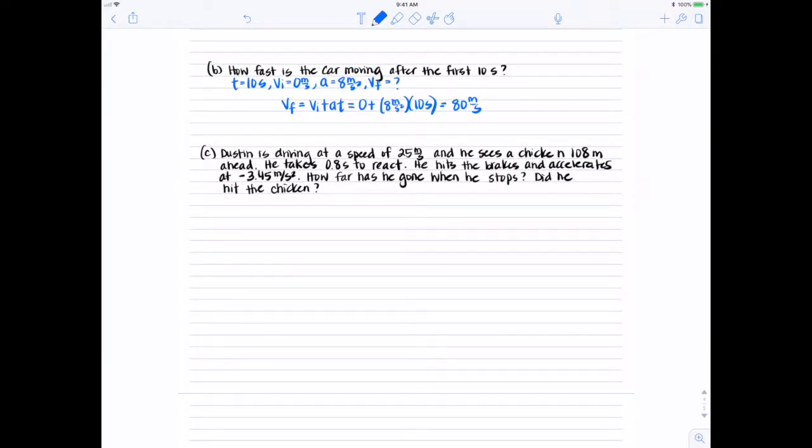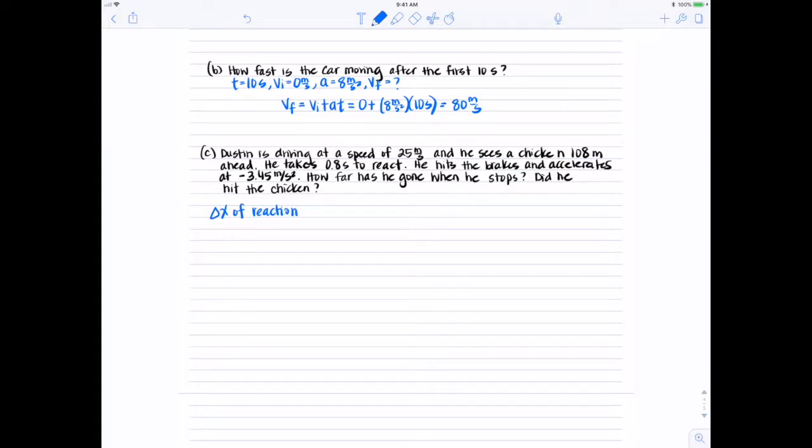And everyone's favorite question, the chicken spotted ahead down the road. So Dustin's driving at a speed of 25 meters per second and he sees a chicken 108 meters ahead. He takes 0.8 seconds to react. He hits the brakes and accelerates at negative 3.45 meters per second squared. How far has he gone when he stops, and does he hit the chicken? So first let's calculate the delta x of reaction.